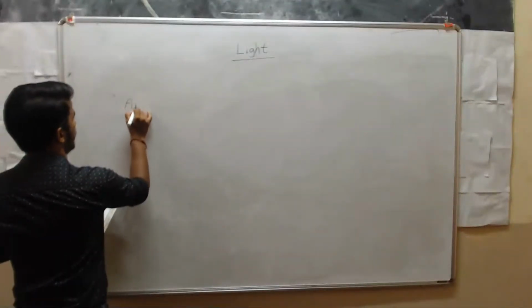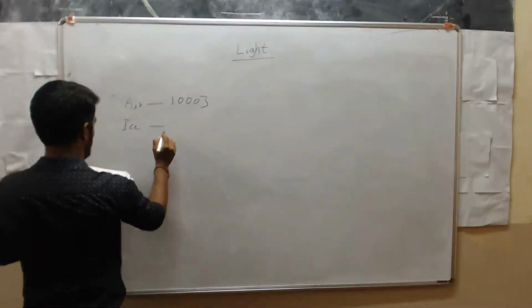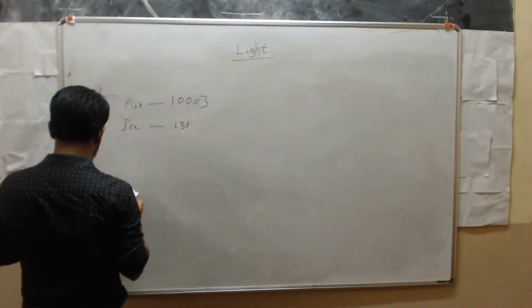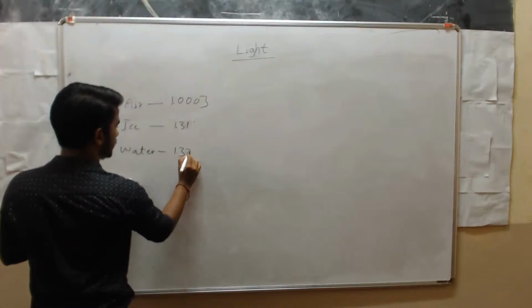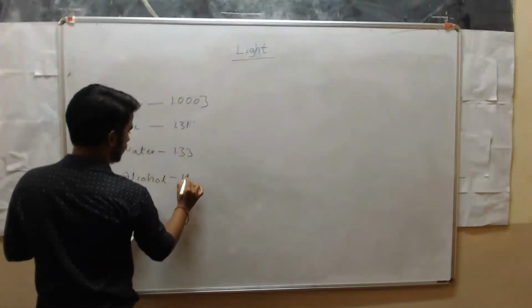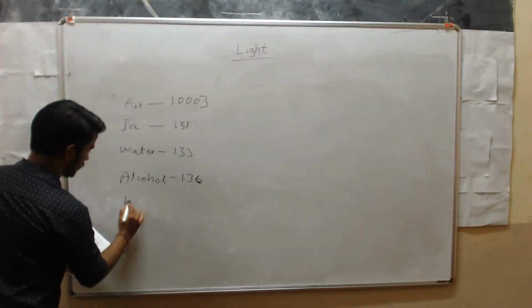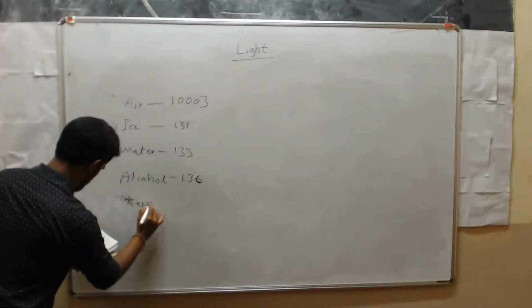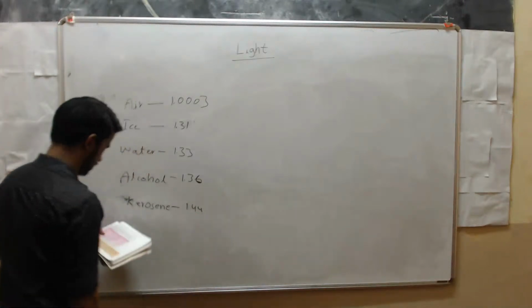See here, air 1.003, then ice 1.31, then water 1.33, then alcohol 1.36, then kerosene 1.44.